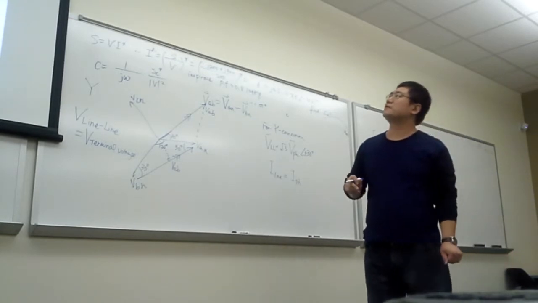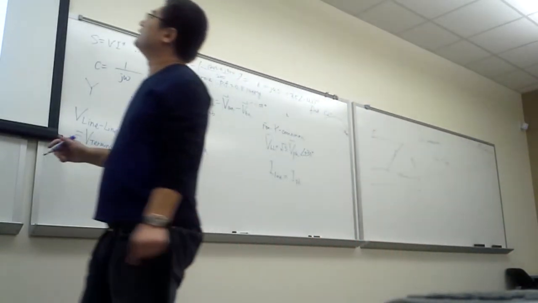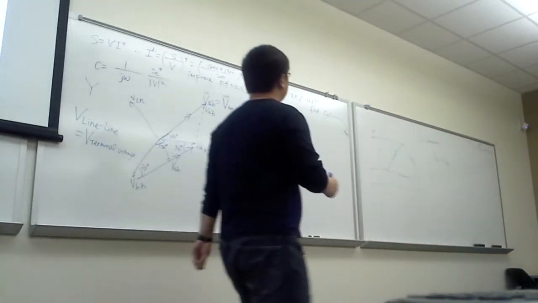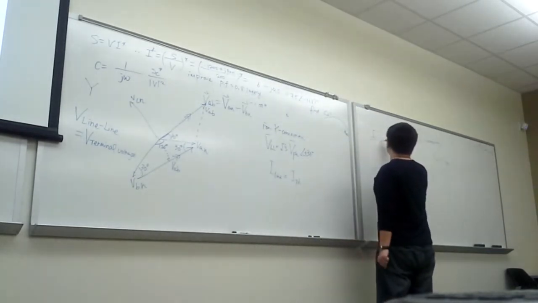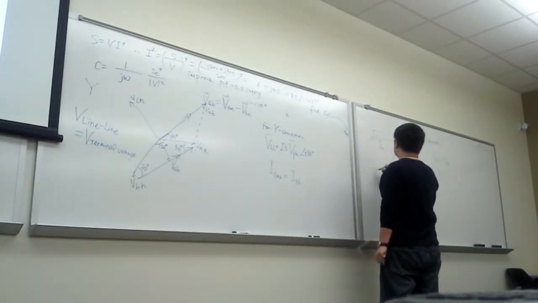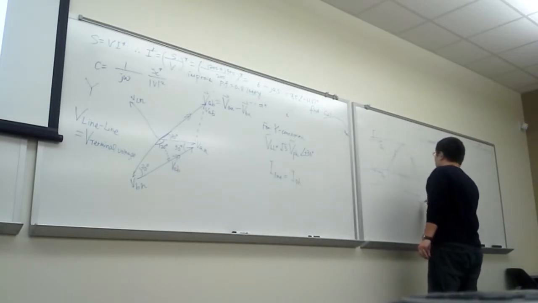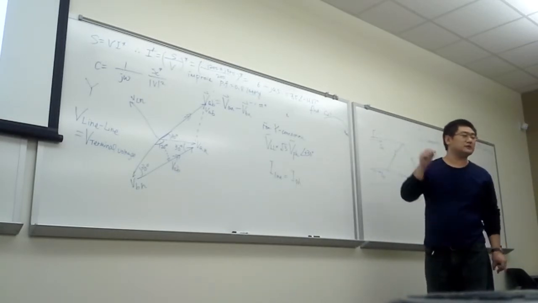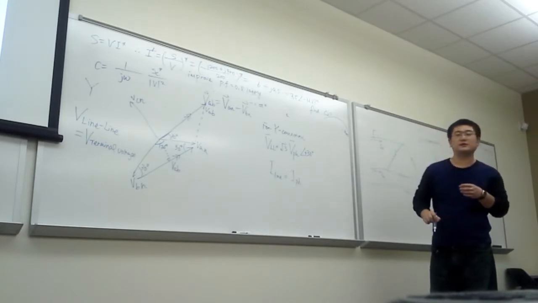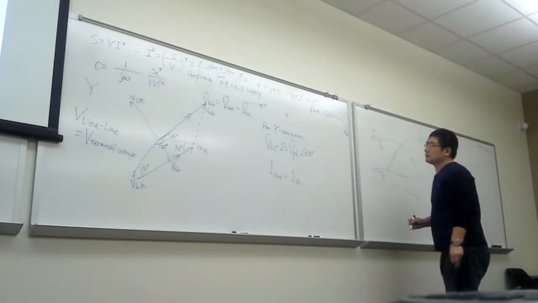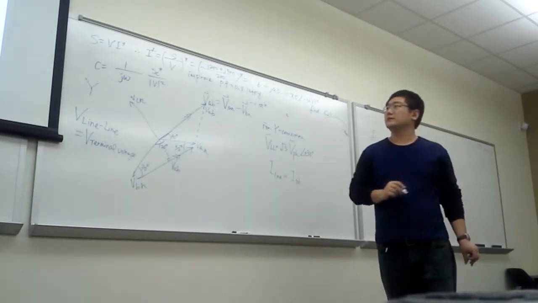And the second property we find is if you look at the current incoming from each line, this is IA, this is IB, this is IC. It's no longer equal to the current that flows across each device, right? So in this case, the line current is no longer equal to the phase current.